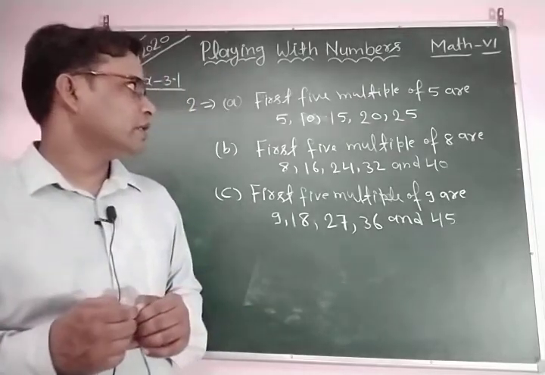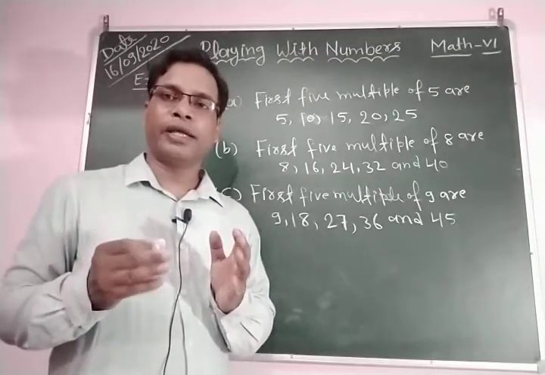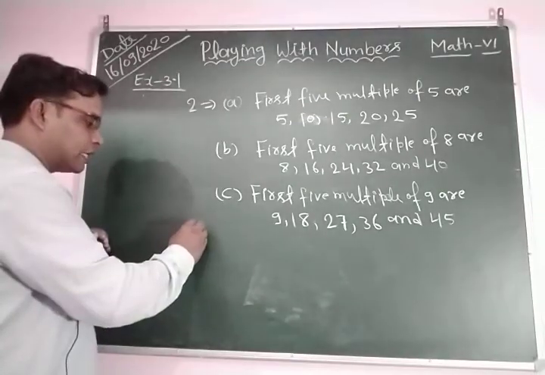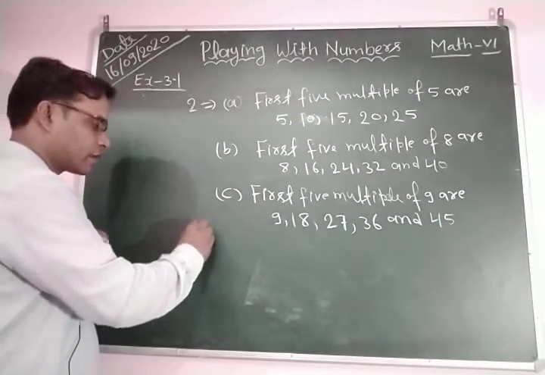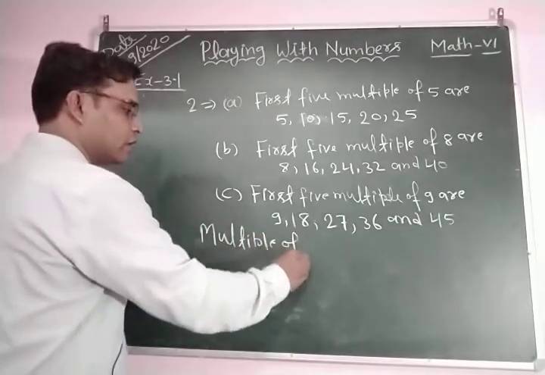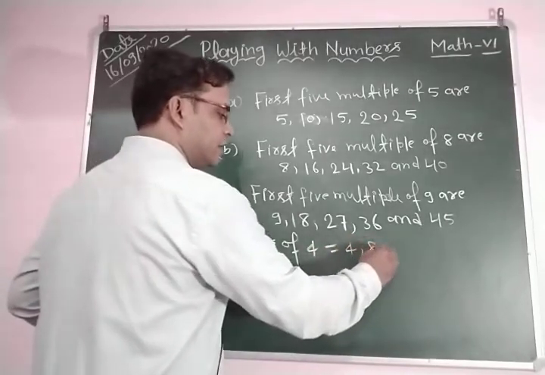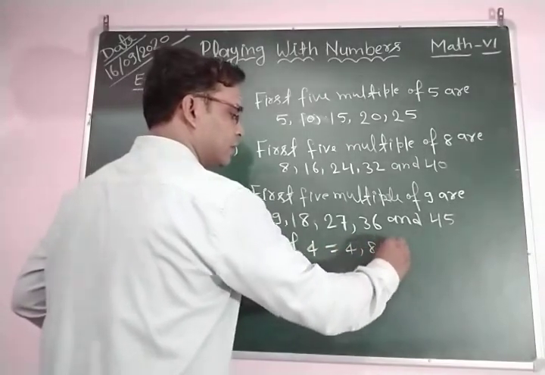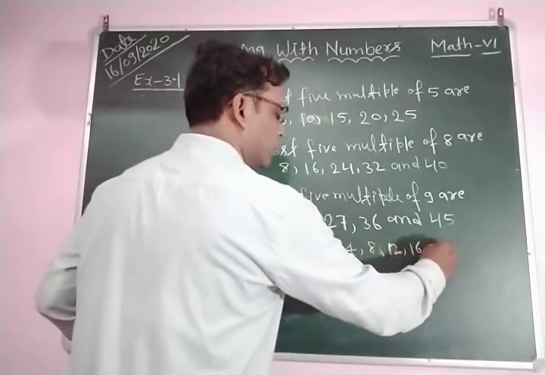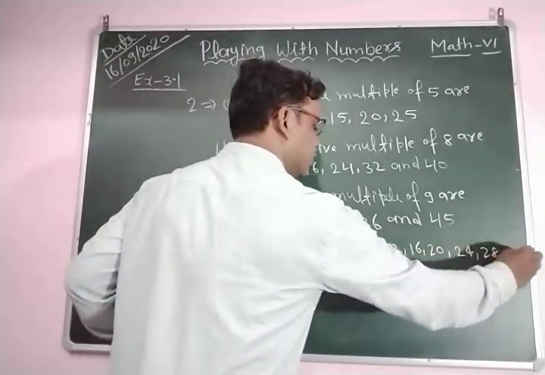For example, if you take 4 and 6, the multiples of 4 are 4, 8, 12, 16, 20, 24, 28 and so on.